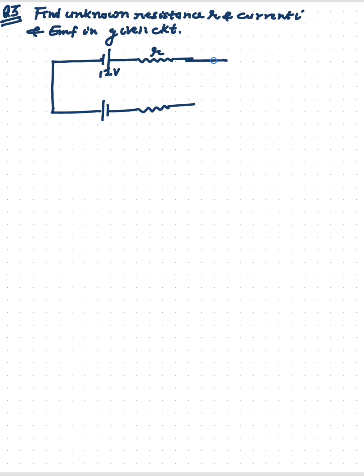This is the resistance, here one resistance is given. This battery is given E. The EMF is not given, so we have to find the EMF. This resistance is the unknown resistance, small r, and in this resistance the current I is given. Okay, this is given in the circuit.